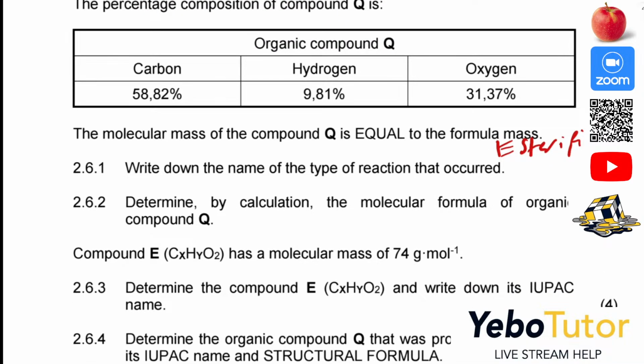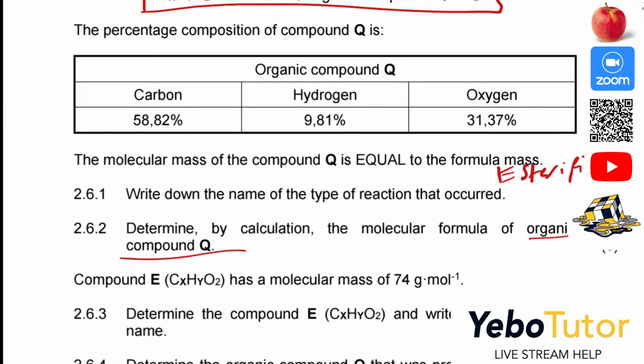Now determine by calculation the molecular mass of the organic compound Q. That's nice. We can do this using our empirical formula. Let's see if we can create something over there for us to work with.